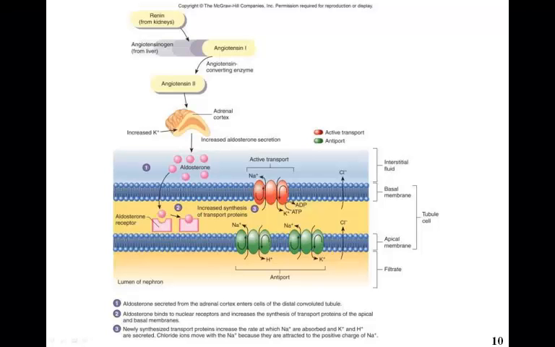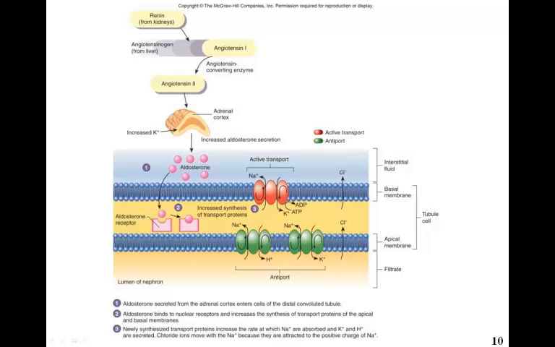Aldosterone, you may remember, is synthesized by the adrenal cortex. It's actually under control of this complex system, the renin-angiotensin-aldosterone system, and we'll go through how that works in the next lecture.